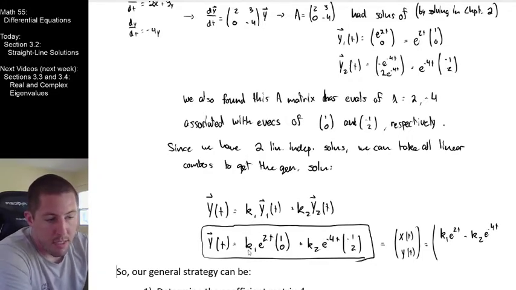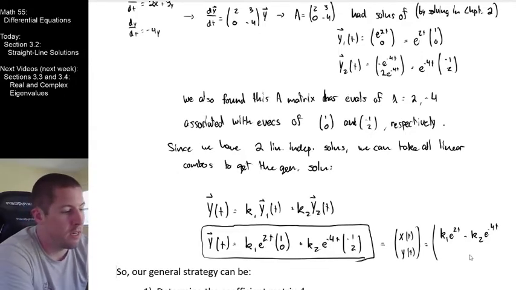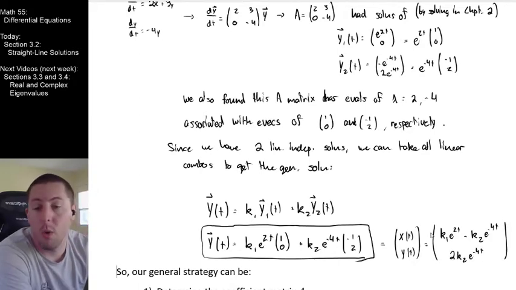The bottom is k1 times 0 times e to the 2t, that's just 0, and then 2k2 e to the negative 4t. So that's an alternate way to write that same solution.